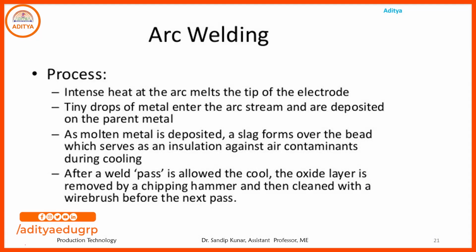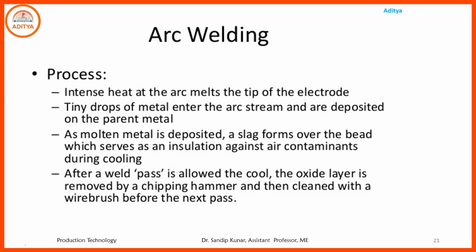What is the process? Intense heat is generated at the tip of the electrode because we provide the electric current, and due to the flow of current, near about 3000 to 4000 degrees centigrade is created.